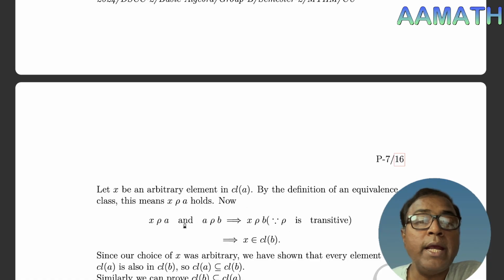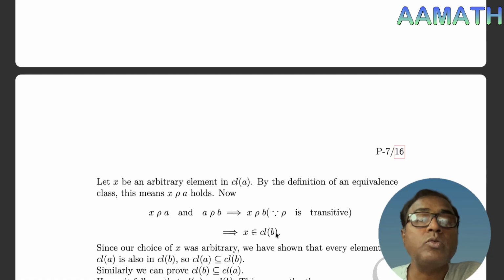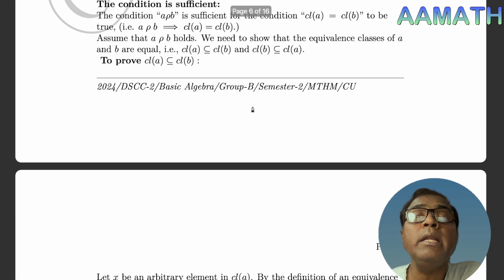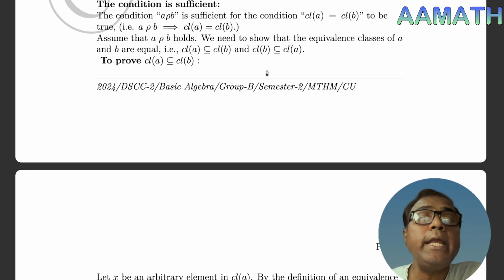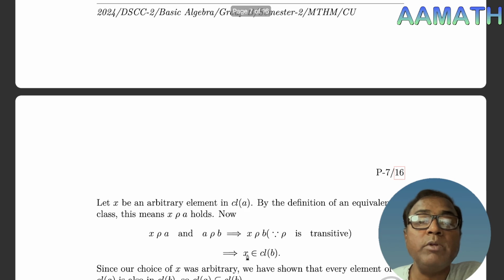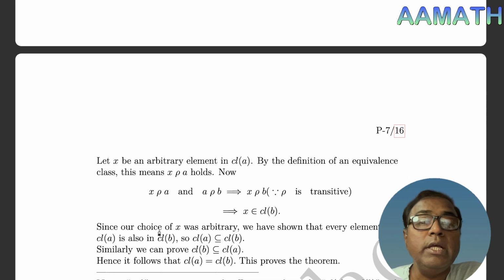So x ρ B holds, which implies x belongs to class B. So x, an arbitrary element of class A, belongs to class B. For this arbitrary element x, we have shown that every element of class A is also in class B. That is, class A is a subset of class B.